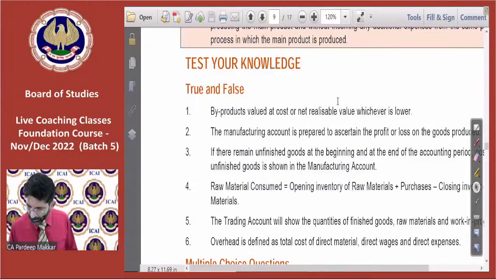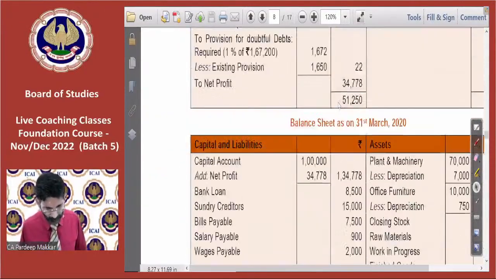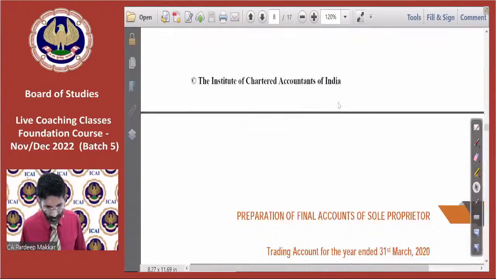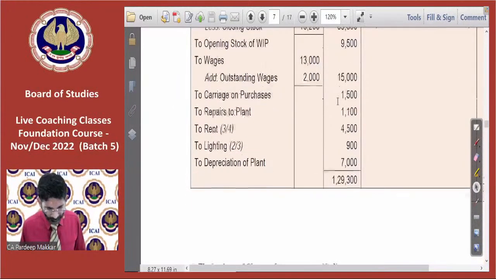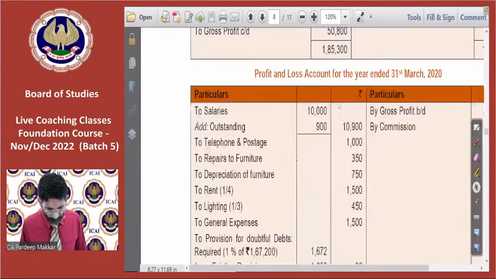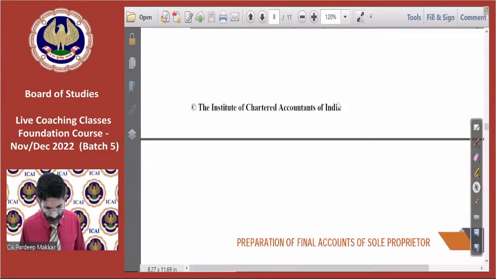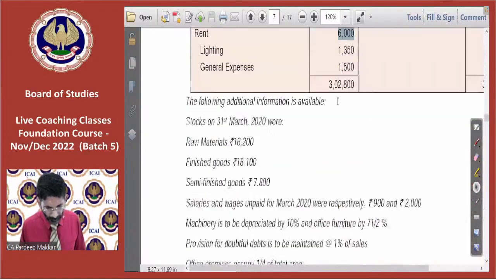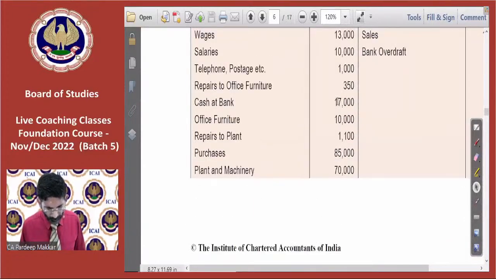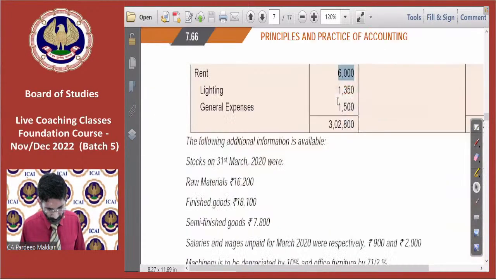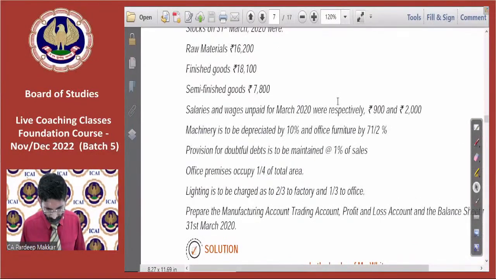Sir, in this illustration number 3, depreciation on office furniture. Depreciation on office furniture will go to P&L account, beta. Seven and a half percent of furniture you have to calculate.